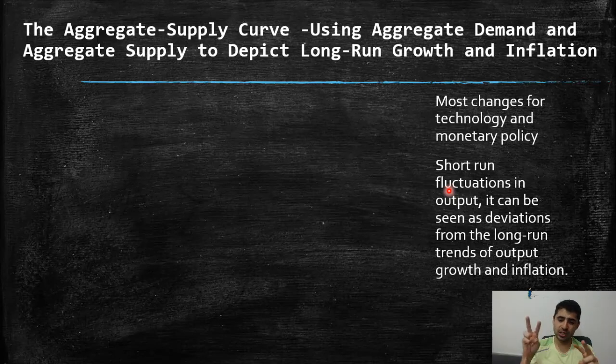Technology is more related to supply, and monetary policy is more related to consumption, to demand. In the short run, fluctuations in output can be seen as deviations from the long-run trends of output growth and inflation.